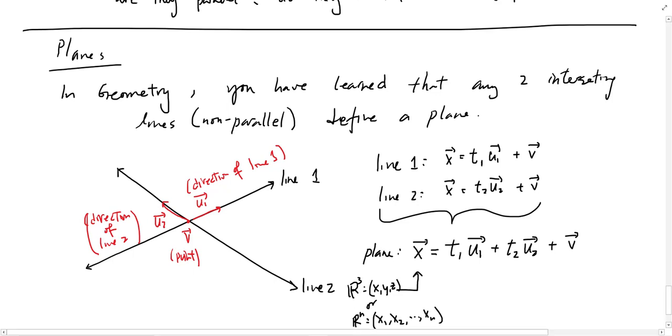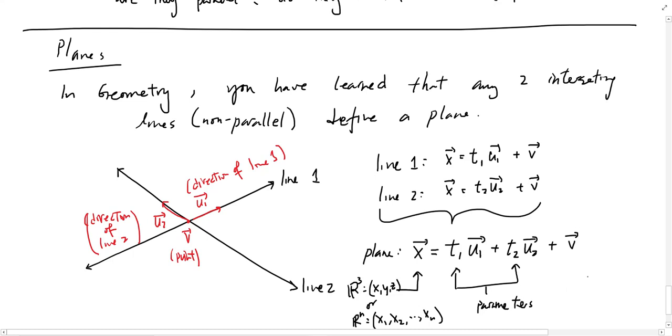In this expression right here, notice that t1 and t2 are our parameters. Because we have 2 different directions that we allow to go, we must have 2 parameters.